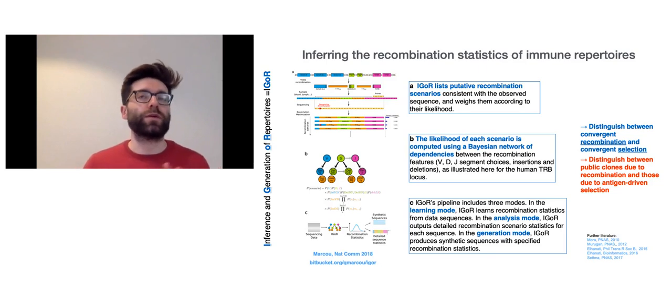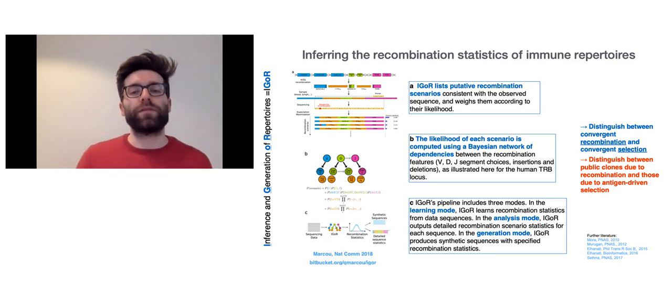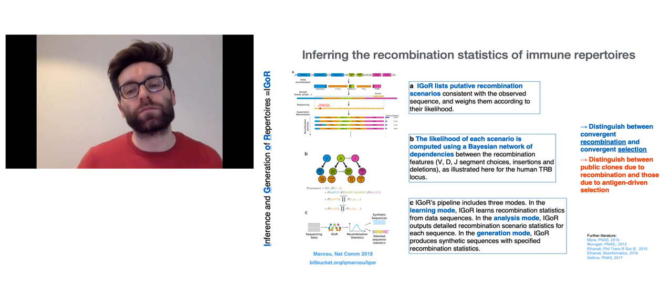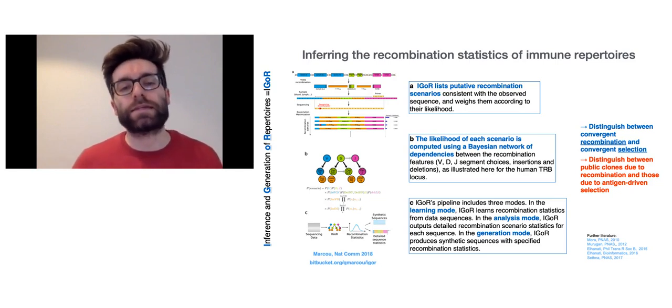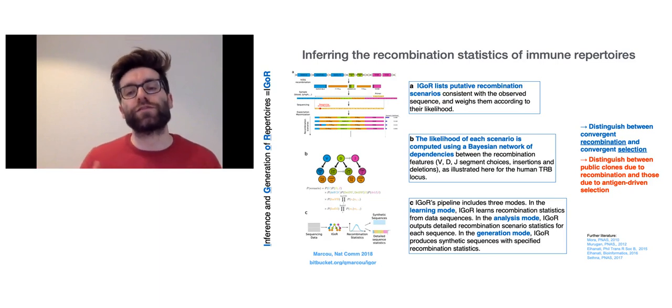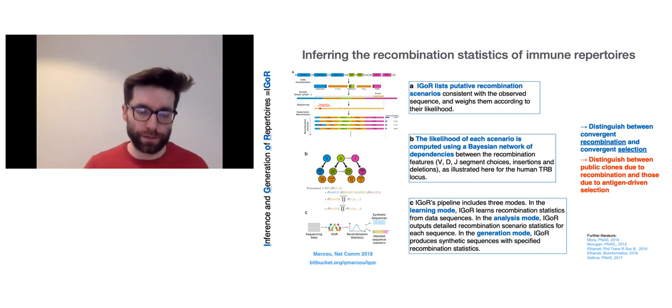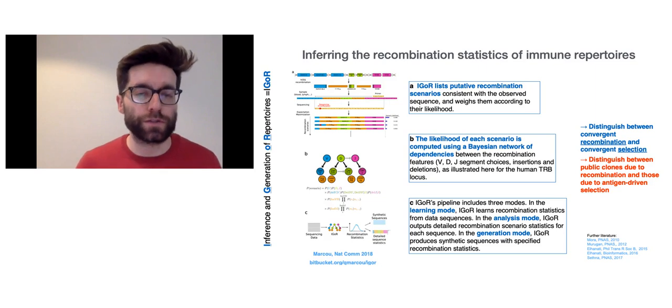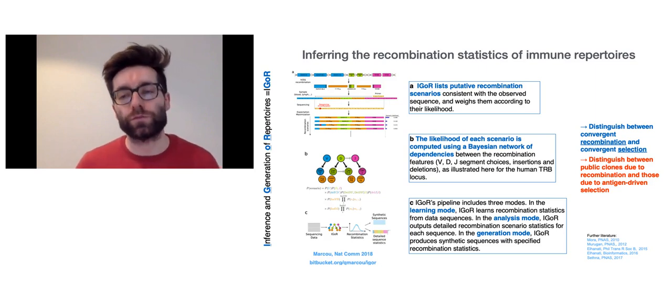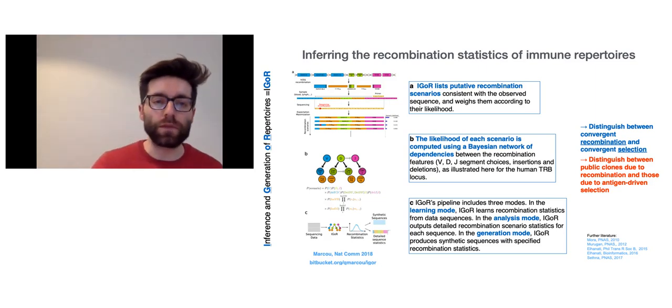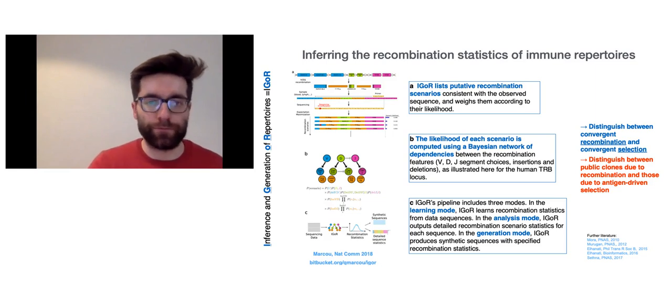That would be a priori unlikely, but the antigen response makes them more likely to appear, which could be used for flagging sequences as antigen associated or even antigen specific, which this whole framework has also been used for. Yes, so this is IGoR.